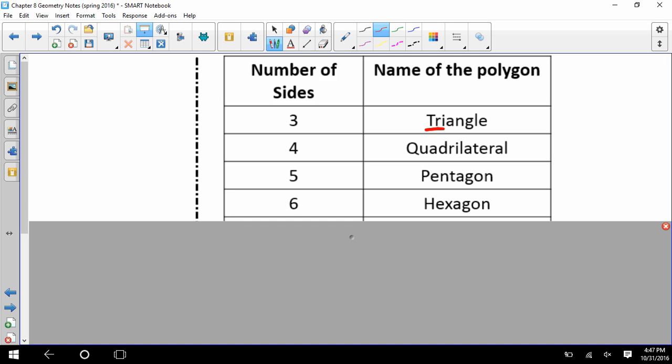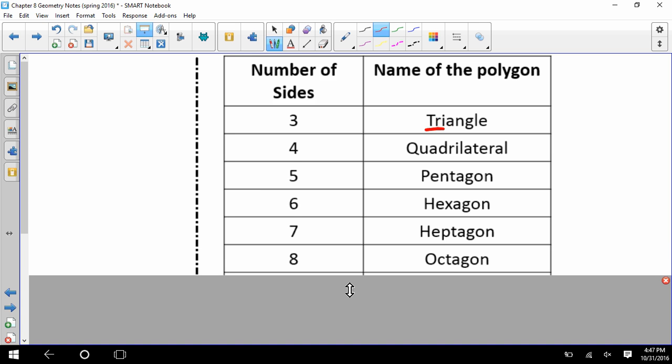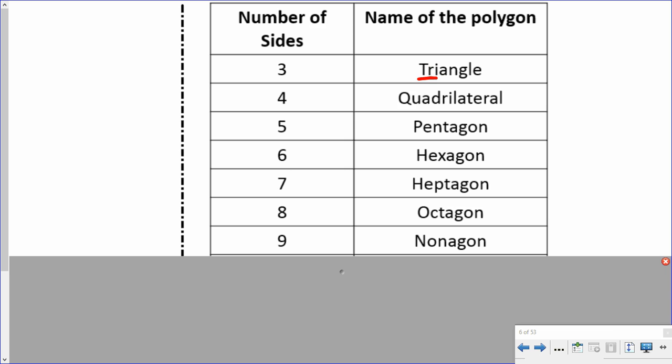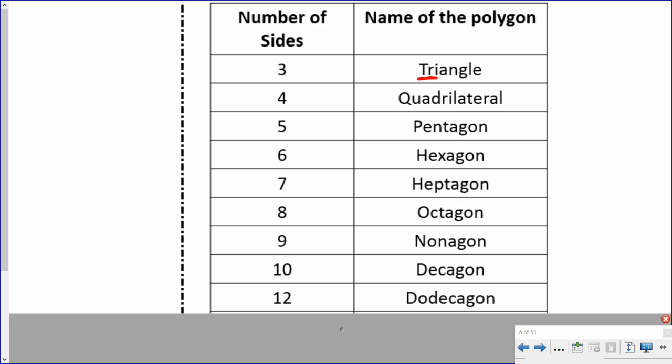This will be part of what you're going to be tested over, and I'll show you how you'll be tested over that. 7 is a heptagon. 8 is an octagon. 9 is a nonagon. 10 is a decagon. Then we skip to 12 because 11 does have a special name. It's called an undecagon, U-N decagon.